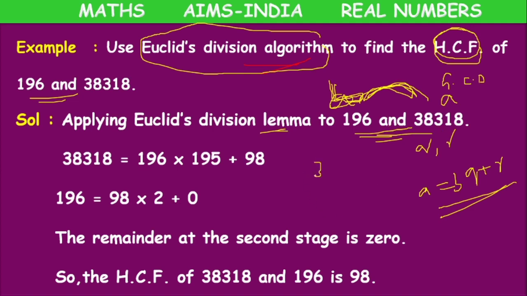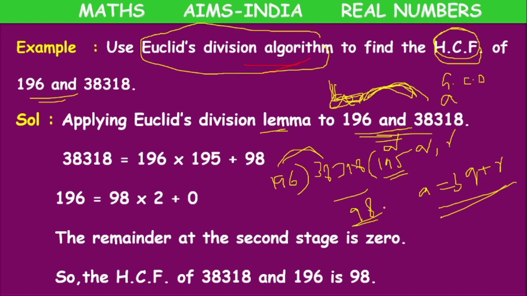If I divide 38,318 by 196, what will I get? The quotient is 195 and the remainder I will get is 98. So for A and B there exist two more variables, Q, which is the quotient, and R, which is the remainder, where A is the dividend and B is the divisor.